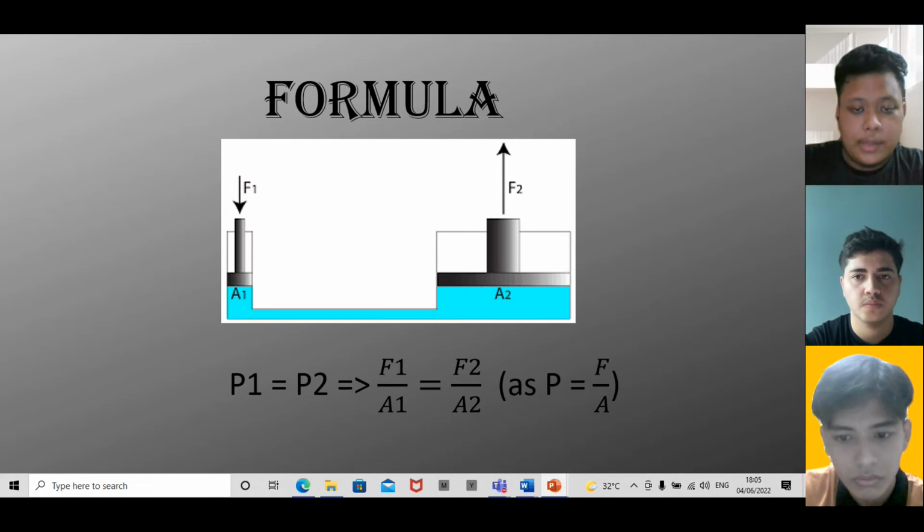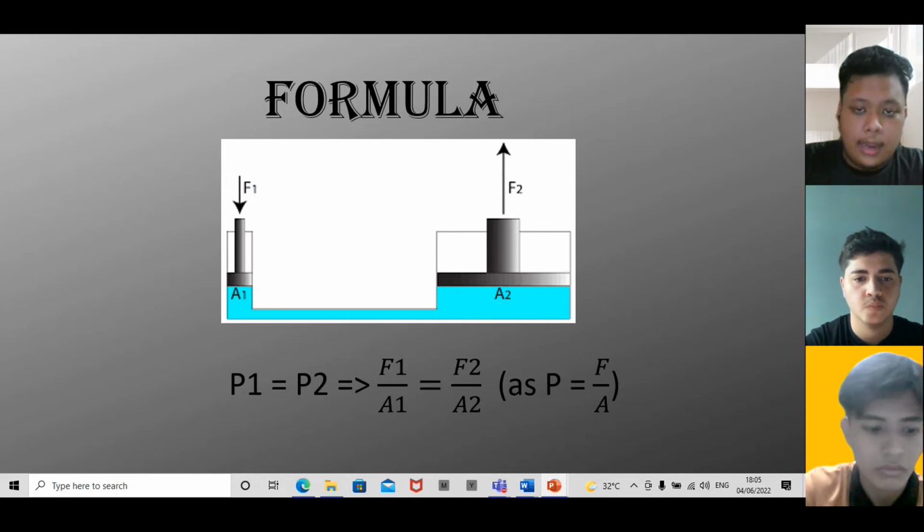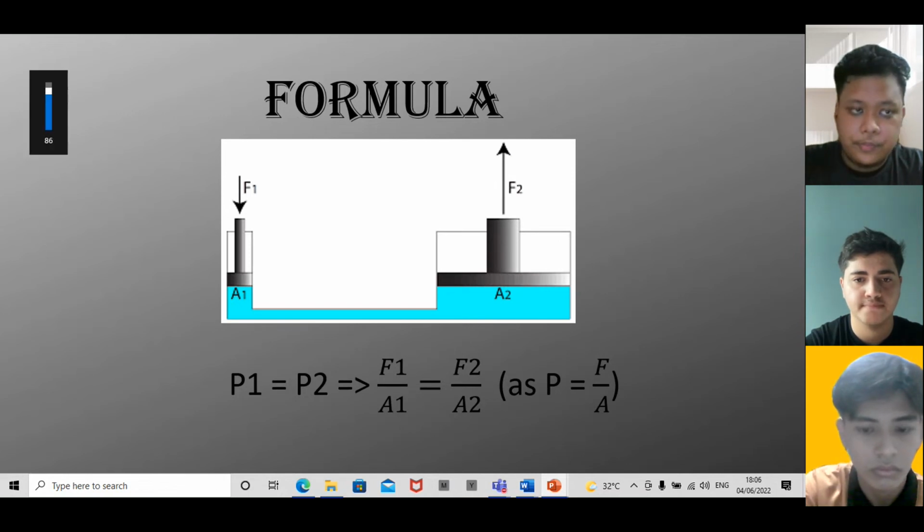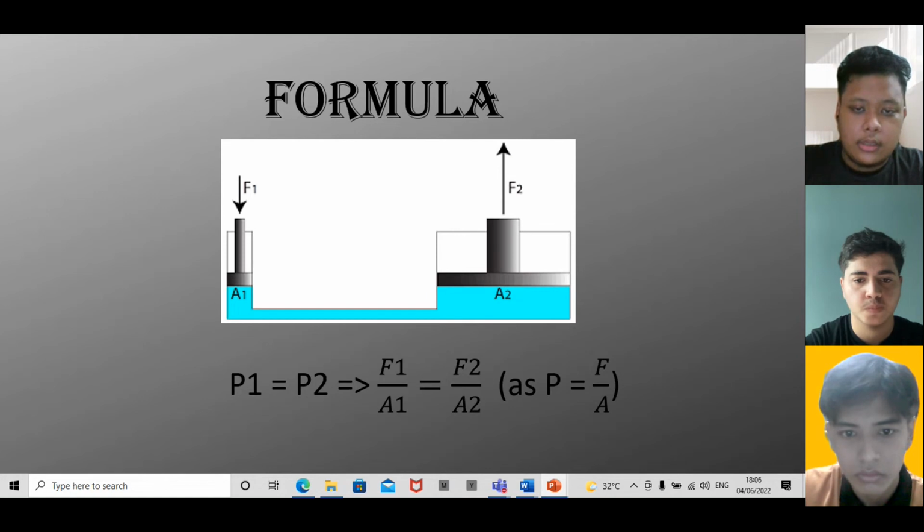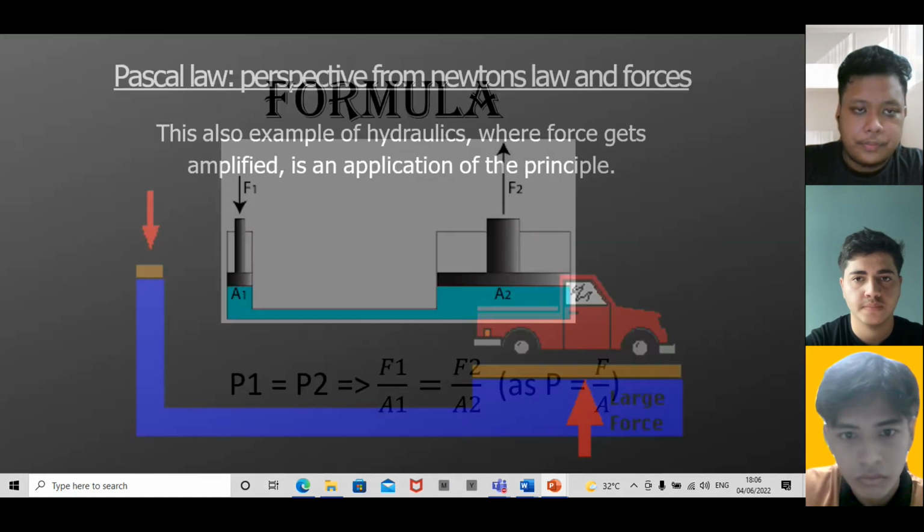Hence, according to Pascal's law, force 1 over cross-sectional area 1 is equal to force number 2 over cross-sectional area number 2. All right. So next slide, please.